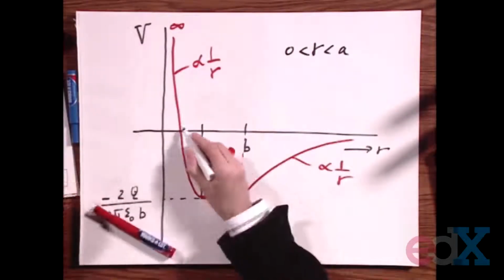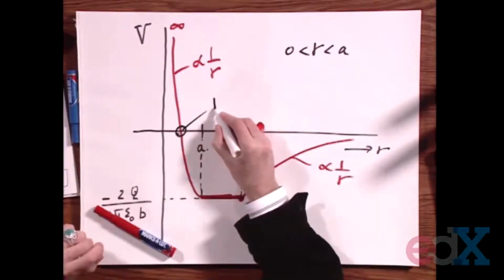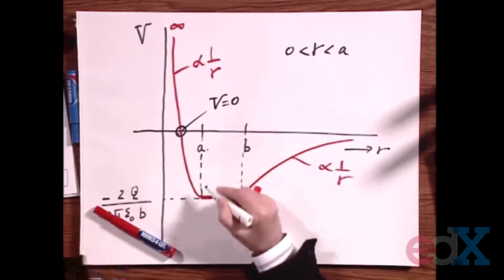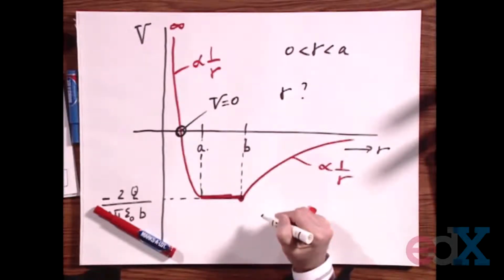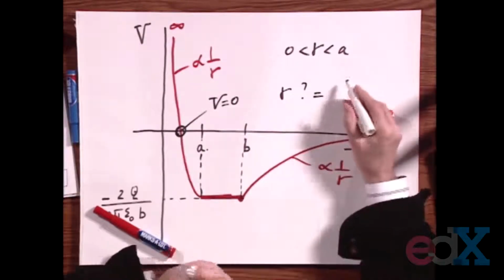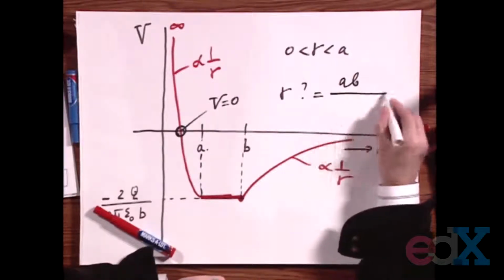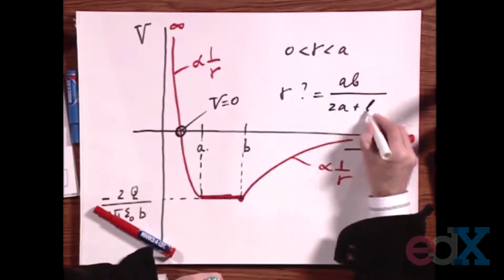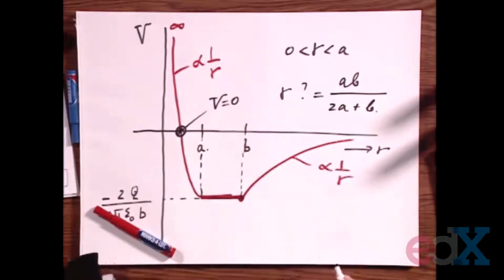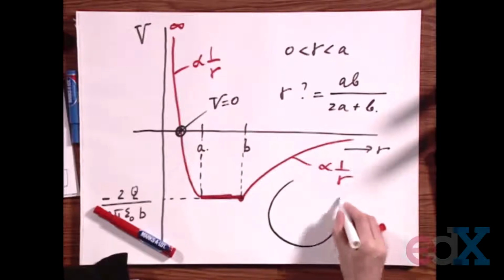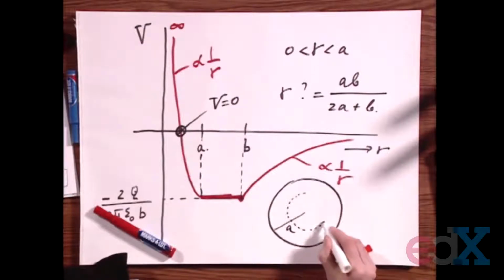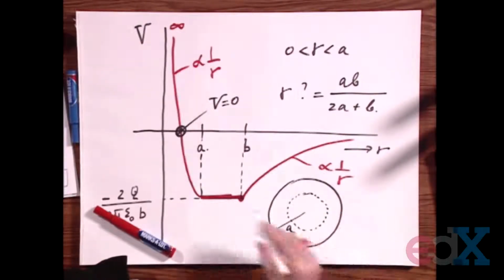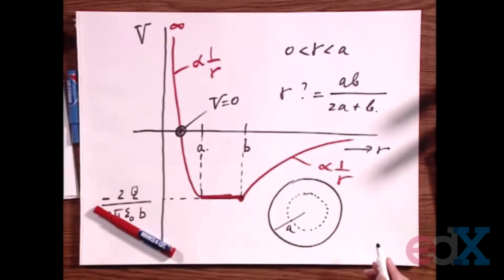What you see here is something interesting, that there is one spot inside the inner cavity where the potential is 0. And I would like you to calculate at what r that occurs. I did it, I may have made a mistake, and I found when r equals ab divided by 2a plus b, that right there the potential is again 0. So if this is that inner cavity, which has radius a, then there is here somewhere a radius where the potential everywhere is 0.